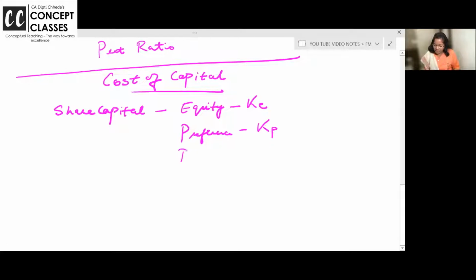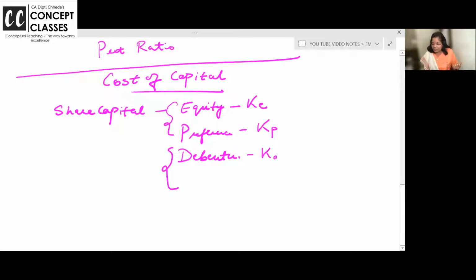Now, if I'm putting debentures, this is own money, this is loan money. If I take loan from the market in the form of long-term debentures for 6 years, 8 years, I need to pay interest to the debenture holders as I need to pay dividend to the shareholders.